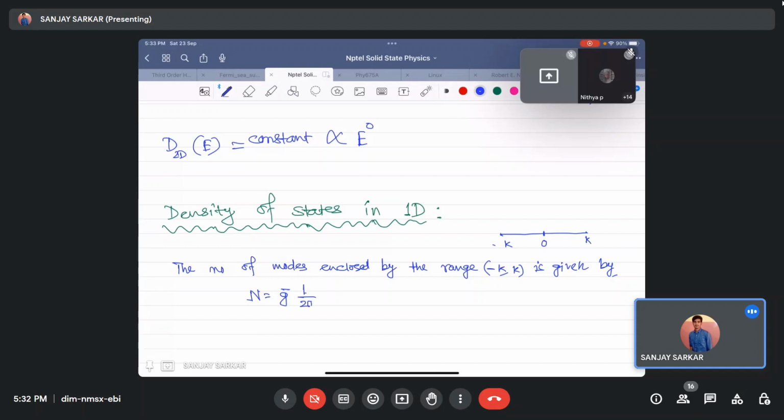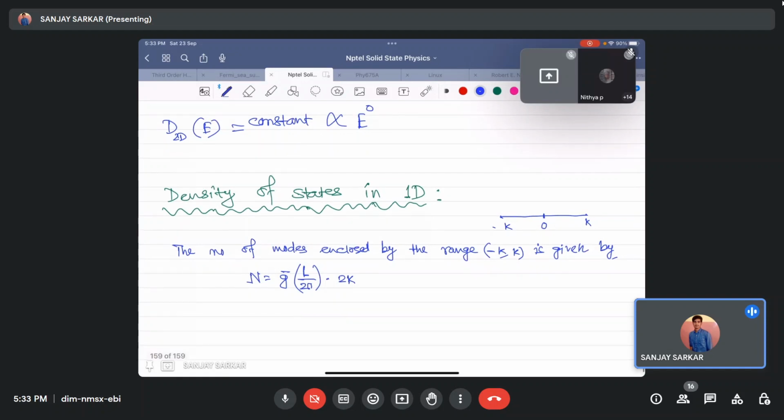So L by 2 pi is the number of modes in length L, into 2k. This is the length of this. So at unit length, these are the number of modes, and we need to multiply it with the total length.